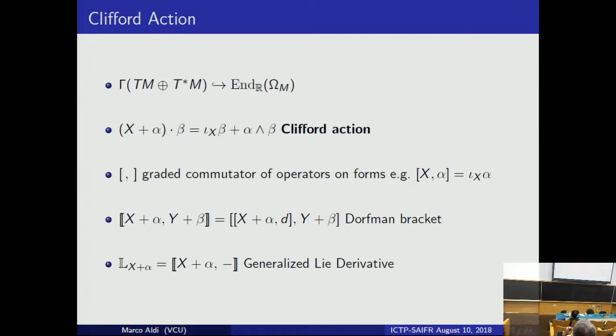And then now, as our linear operators, we have a natural graded commutator because these are operators acting on a Z-graded R-linear vector space. And so, for example, the commutator of X with the form alpha, here alpha is thought of as an operator, so it's acting by exterior multiplication, is given by just the contraction of the two.